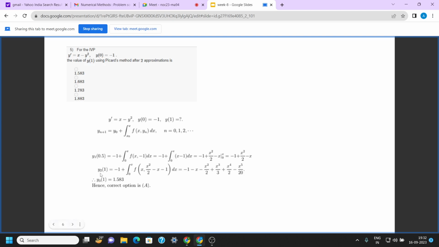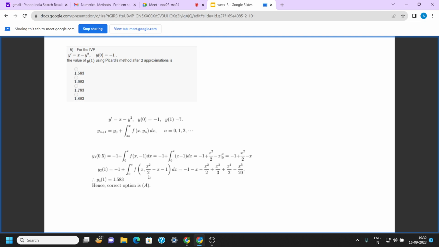Now your main step is to find y2 at 1. Again your y0 will be -1 plus the integral from 0 to x of f(x, y1). Here it will be y1, so y1 is this that you have calculated.